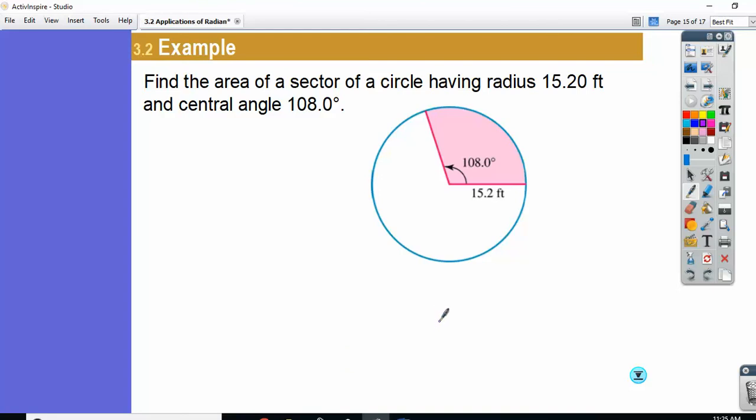Find the area of a sector of a circle having a radius of 15.2 feet and a central angle of 108.0 degrees. So I know my R, I know my theta. Any problems with that? It's degrees, so let's change it to radians. How?